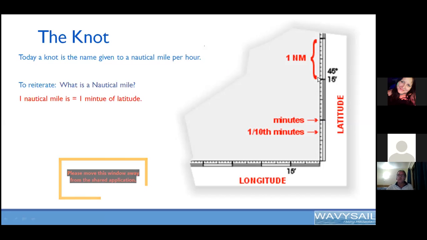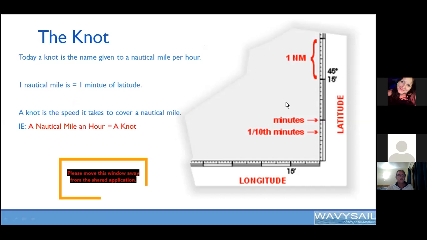Okay, so a nautical mile is actually derived from the size of the Earth, broken up into 90 degrees north, 90 degrees south. Each one of those degrees is broken up into 60 minutes, and each one of those 60 minutes is 1 nautical mile. So a nautical mile is derived from the size of the Earth, nothing else. Okay? Therefore, a knot is equal to a nautical mile an hour.